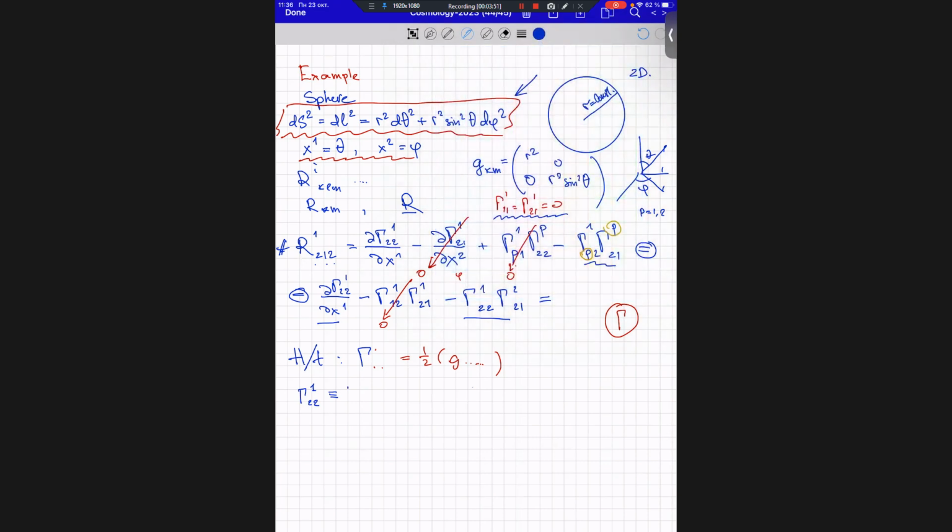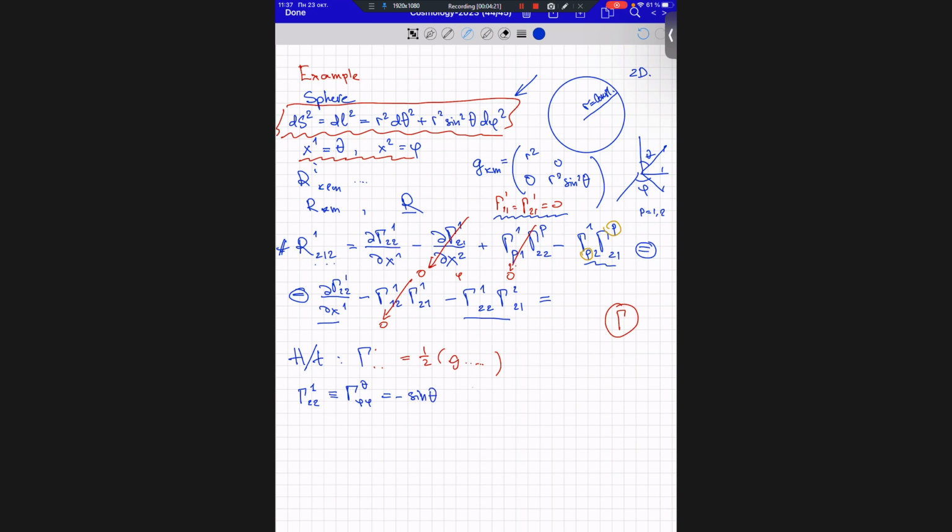The same I can write like phi theta. This is just a point to put indexes, and sometimes it's more convenient. Tell me please which solution some of you obtained for this component. Minus cosine theta, sine theta.